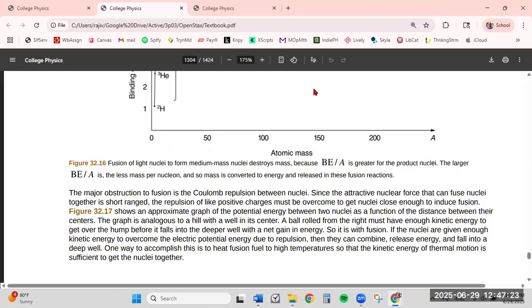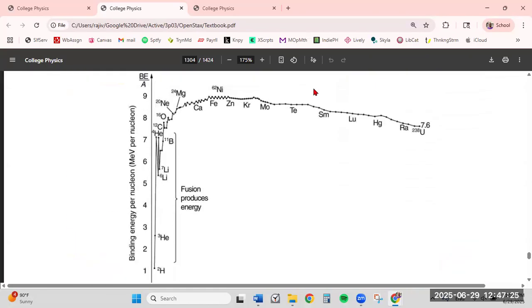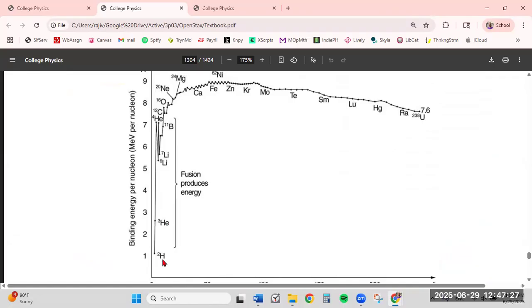It turns out that, as you go from somewhere in between here to higher up, you're merging, you're fusing two lighter nuclei to get a heavier nucleus. So as you go up, the binding energy per nucleon increases.